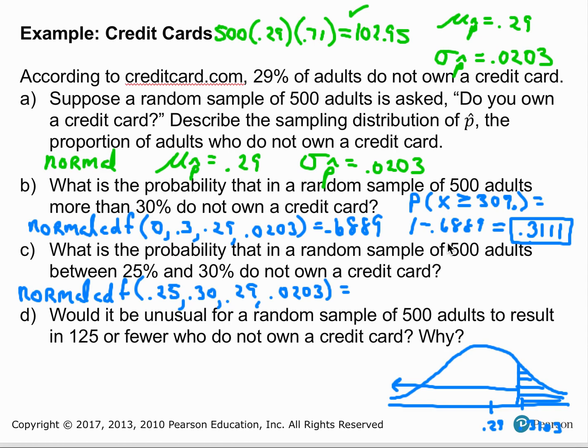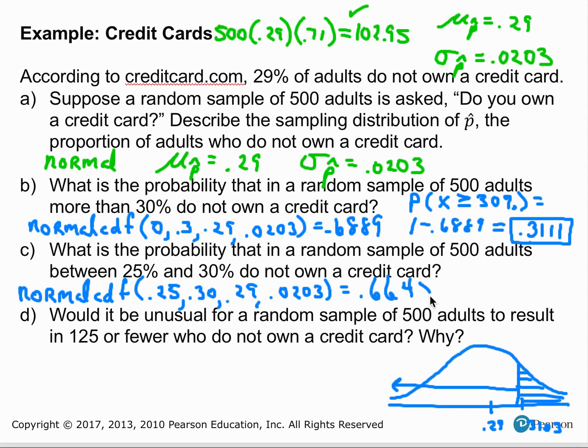All I've got to do now is go in and change that 0 to 0.25, because look, everything else is the same. So the second delete will insert, and you can put 0.25 in there. And so that is 0.6645.